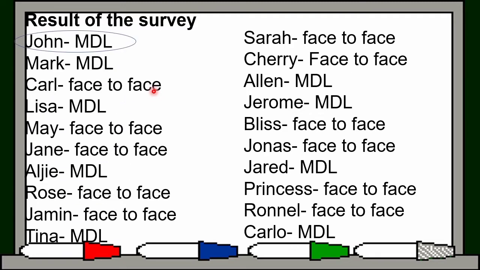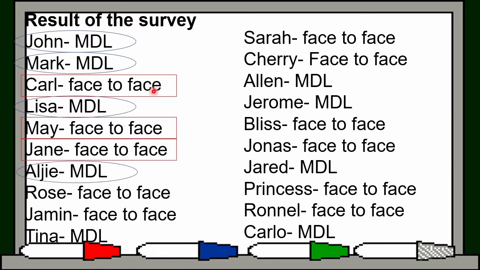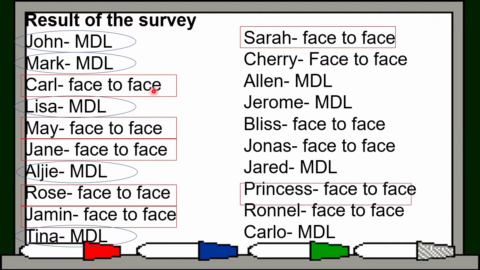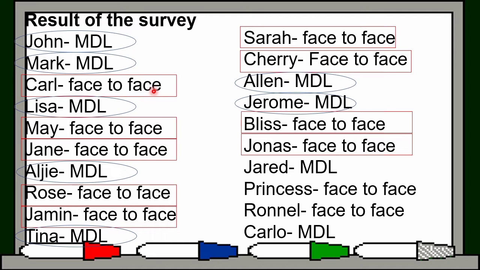Circle MDL, box face-to-face: Lisa MDL, May face-to-face, Jane face-to-face, Algie MDL, Rose face-to-face, Janine face-to-face, Ina MDL, Sarah face-to-face, Cherry face-to-face, Allen MDL, Jerome MDL, Bliss face-to-face, Jonas face-to-face, Jared MDL, Princess face-to-face, Ronel face-to-face, Carlo MDL.